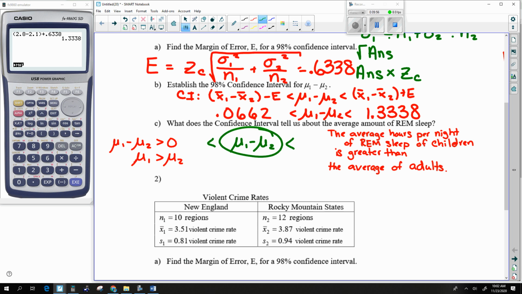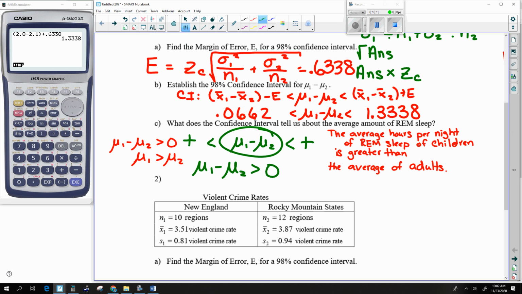So the small number in this case happened to be a positive number. The bigger number happened to also be a positive number. So if this thing is in between two positive numbers, then this thing obviously has to be positive, greater than 0.